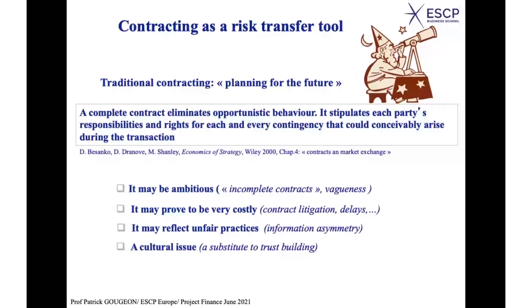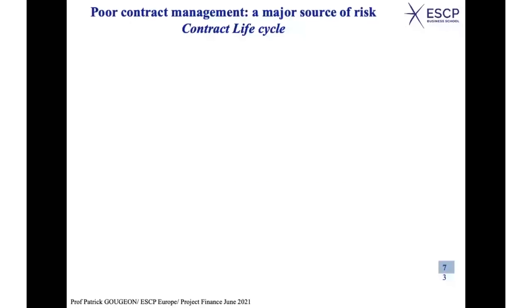So because contract is so important, the last thing to do to deal with that is to look at the way to build an efficient contractual policy. And I will conclude the discussion with an analysis of what we call the contract life cycle, to put forward the major approach to contracting that would lead to more efficient contracting.